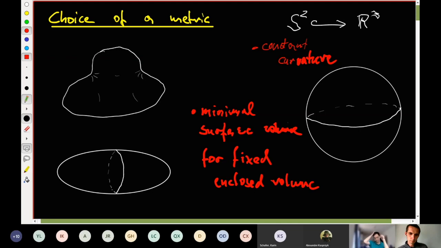Okay, and so what we observe here is we have two very different properties which both characterize uniquely the metric of the round sphere in our setting. So a posteriori, both characterizations give us the same canonical choice of a metric here.